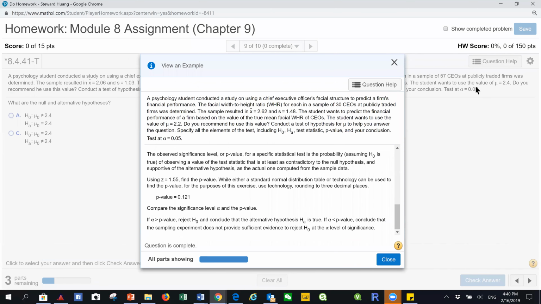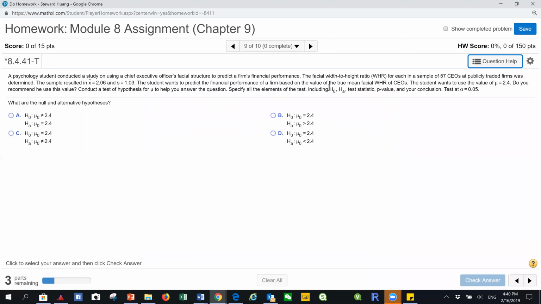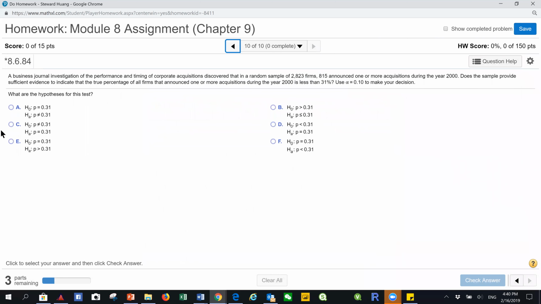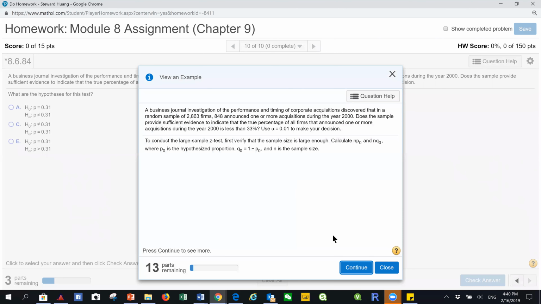You find the p-value, so you use the p-value approach. This is again a proportion test for population proportions, and you can also view an example and find p0 and the sample size.